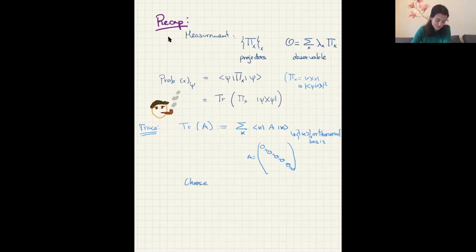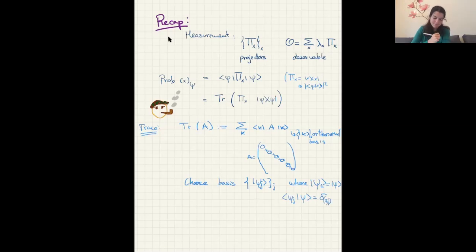for any pure state, you can choose the basis psi j, where psi 1 is just my state, and then all the other states are such that the inner product of psi j with psi is just delta of 1 and j.